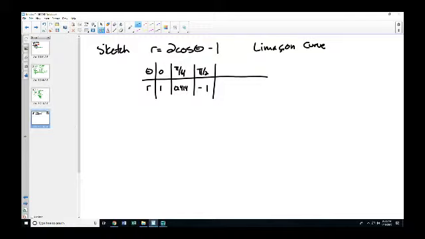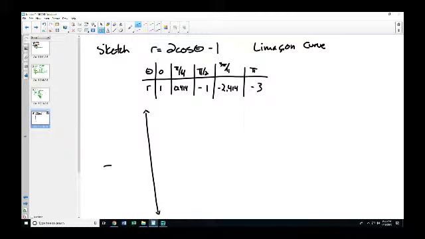Yeah. And then 3 pi over 4: negative root 2 minus 1, right? Yeah. And pi: 1 minus 3? Oh, cosine, yeah. Let's start there.